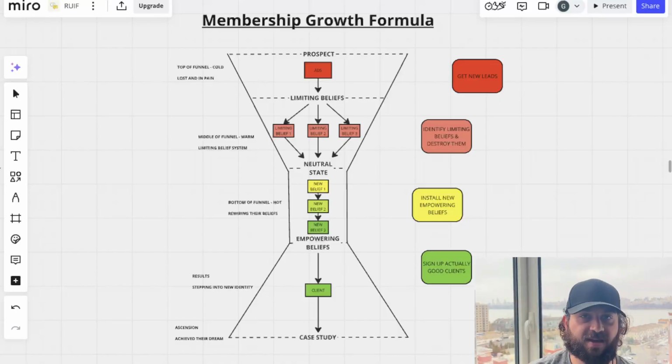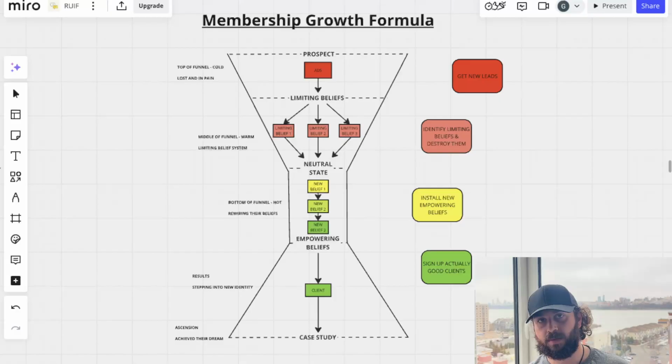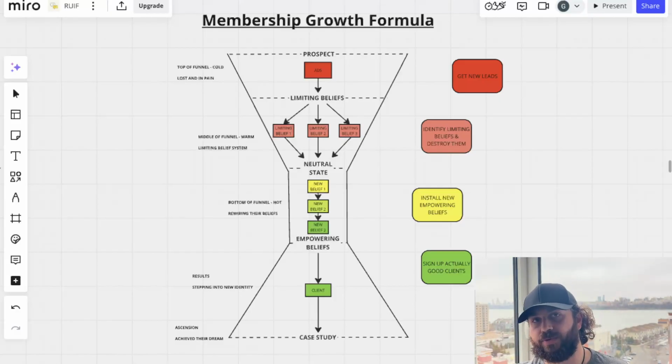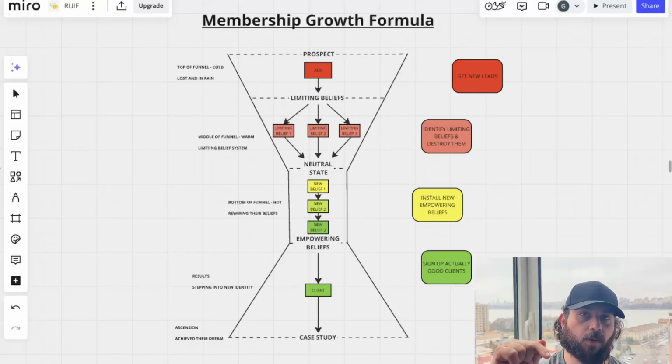Now, there is one caveat to this, and this is kind of obvious, but it's really important to understand. If your program sucks, this won't work. So if your fitness program does not actually get results for your clients, this won't work.